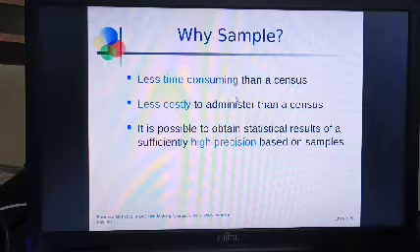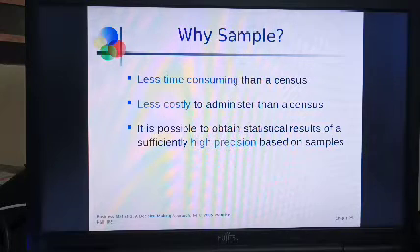Then let's ask why sample? Why do sampling? Why not scrutinize everything, every individual, every item, to be sure that nothing is missed, class?